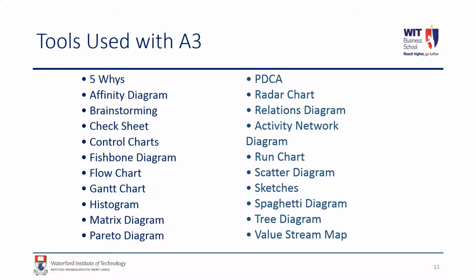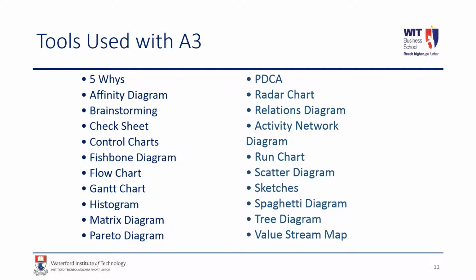Okay, so you can see here there's a whole range of tools that are used. Some of your quality tools like check sheets and control charts and the fishbone diagram, flow charts. You can use presentation tools like Gantt charts and histograms, and Pareto diagrams to present information in a summary form.